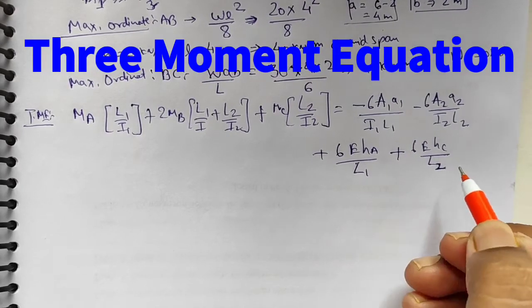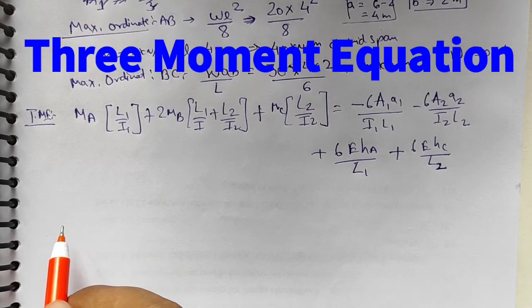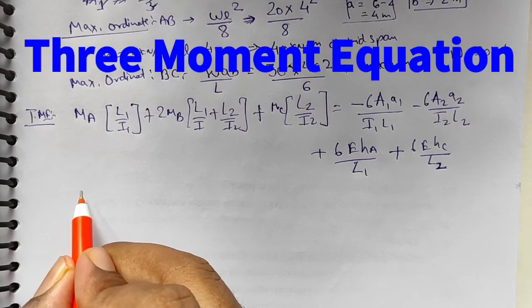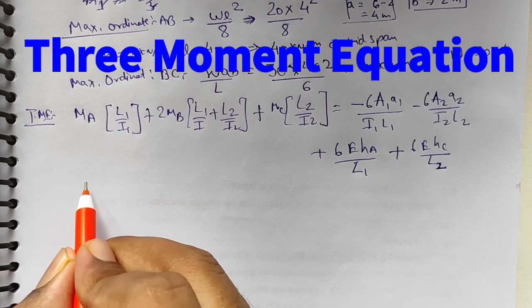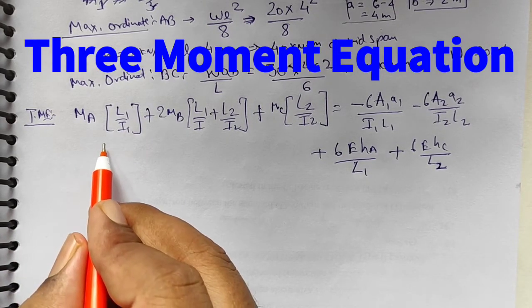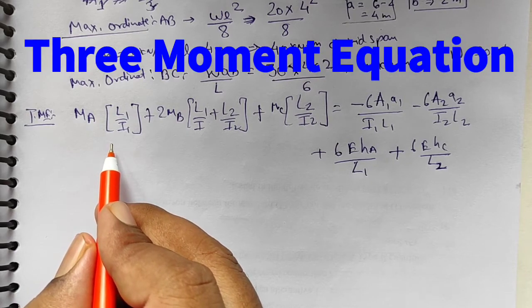All the values I have discussed in the previous video. Those students who are new to this video can refer to my previous video for the three moment equation and its applications.